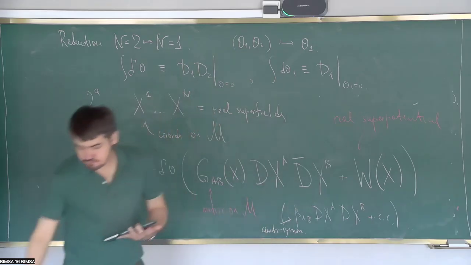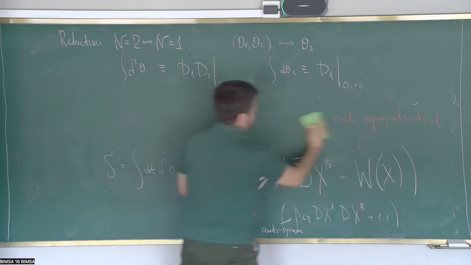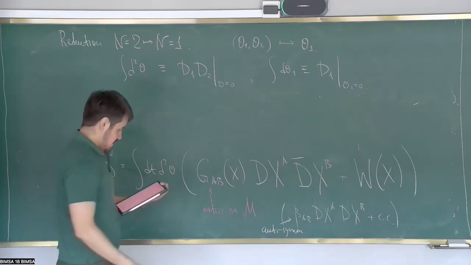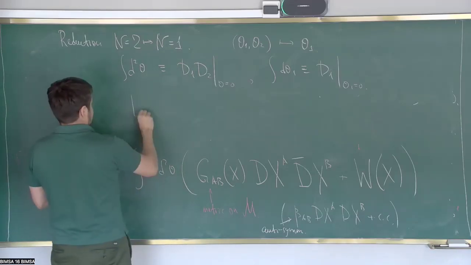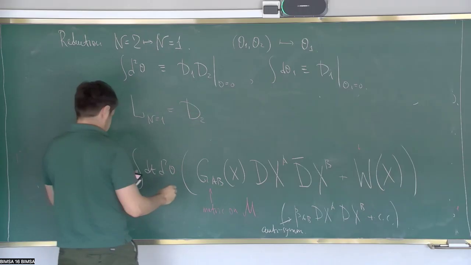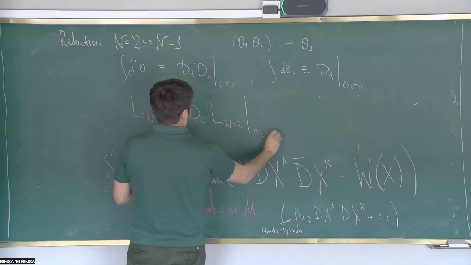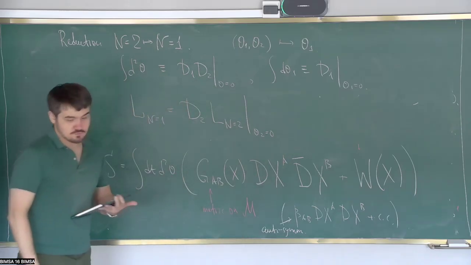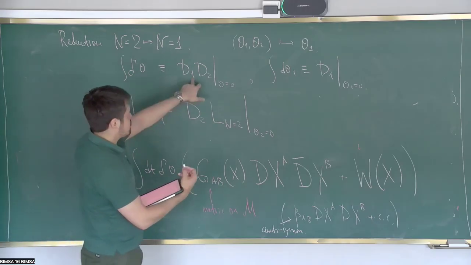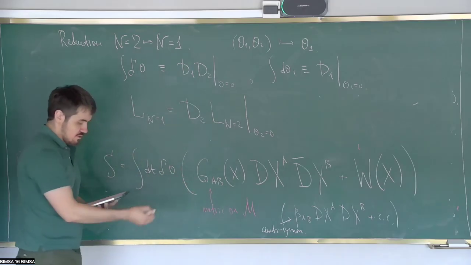So what we're doing now is we want to say that our superspace Lagrangian in n equals 1 superspace is just the derivative of the Lagrangian in n equals 2 superspace at theta 2 equals 0. To get the usual Platonic Lagrangian, we have to differentiate twice. But to get the n equals 1 superspace, we just differentiate once with respect to the variable that we want to get rid of.